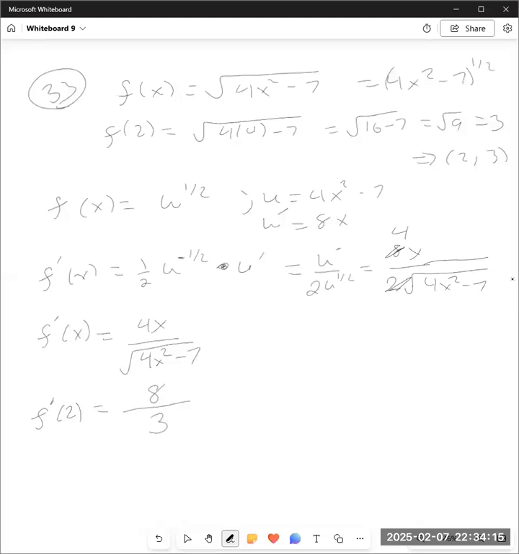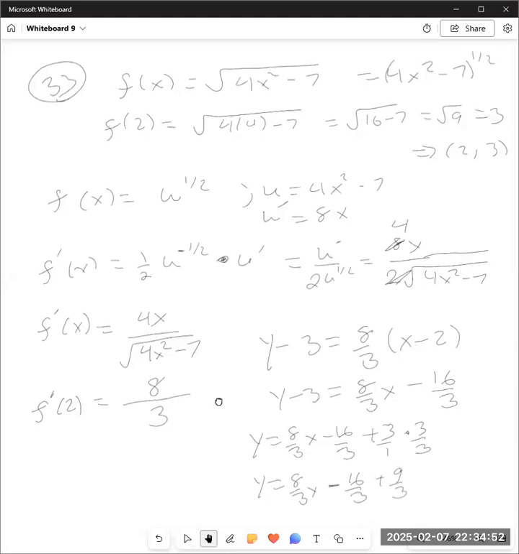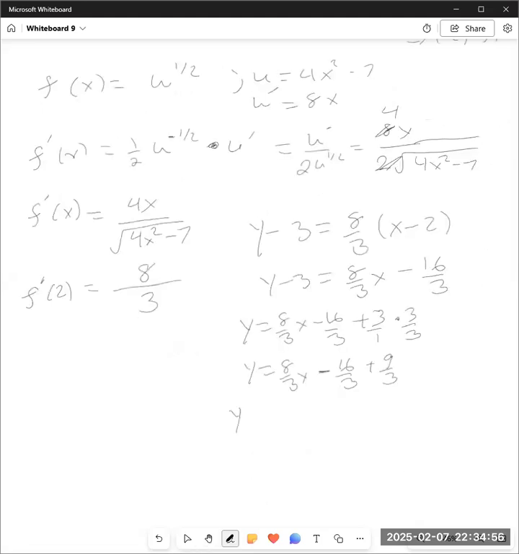So that's my slope, 8/3. y minus 3 is equal to 8/3 times (x minus 2). y minus 3 equals 8/3 x minus 16/3. y equals 8/3 x minus 16/3 plus 3/1 times 3/3, plus 9/3. y equals 8/3 x minus 7/3.